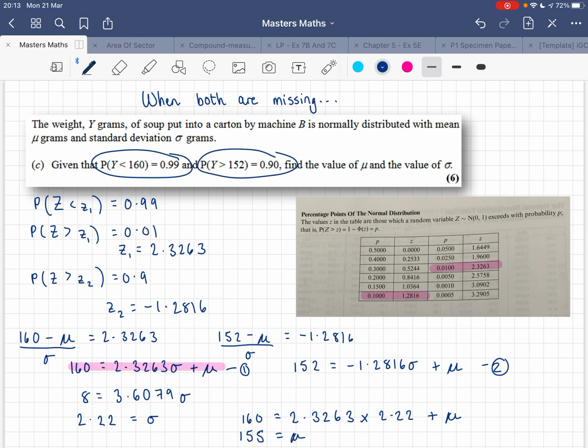But essentially what we've done is the same thing that we did in the previous 2 questions, but twice, and then use that to set up 2 simultaneous equations and solve those in order to calculate mu and sigma. Don't be put off by the fact that your simultaneous equations are dealing with big decimals. You're talking like 4 decimal places. You have a calculator.